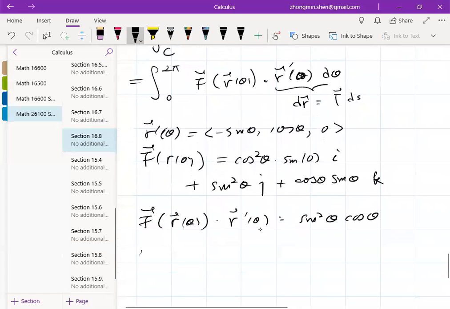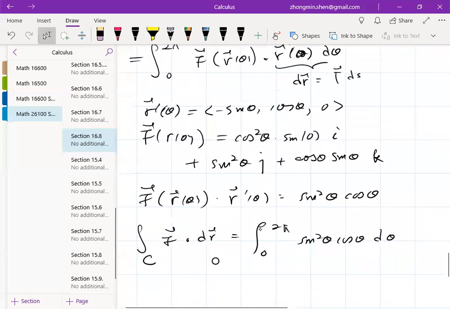So now this line integral becomes an integral from 0 to 2 pi of sine squared theta cosine theta d theta.